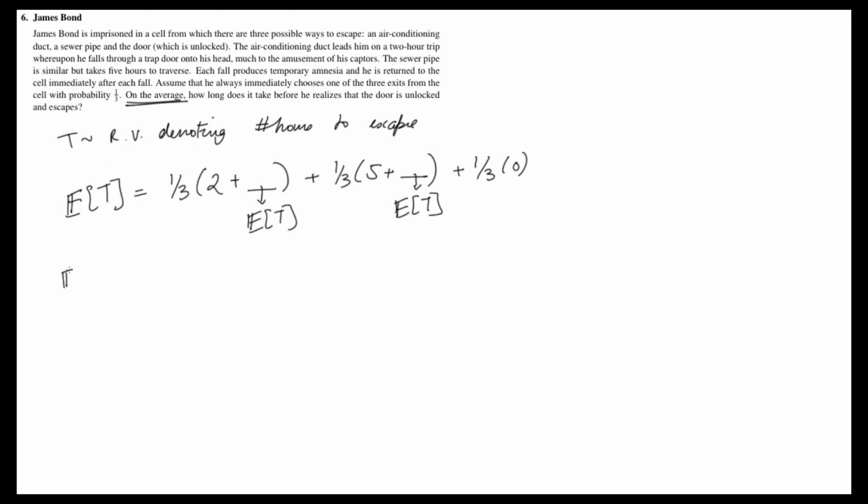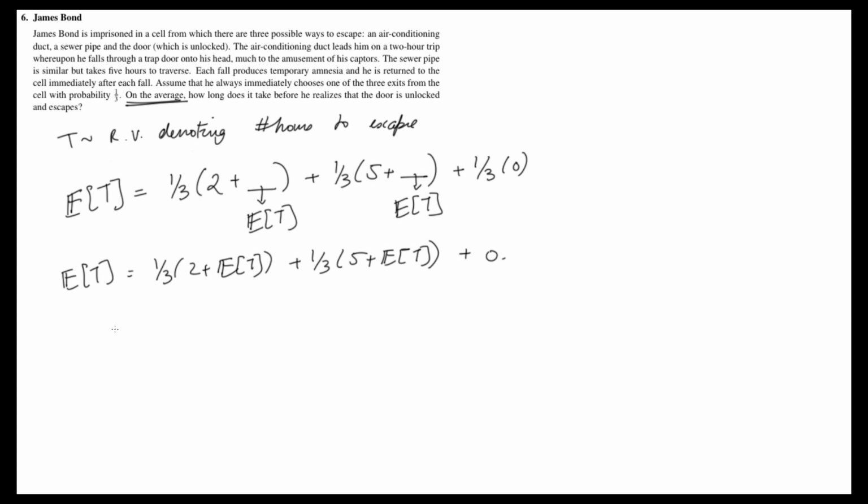And therefore, we have the expectation of T is equal to 1/3 times (2 plus the expectation of T), plus 1/3 times (5 plus the expectation of T), plus 0.